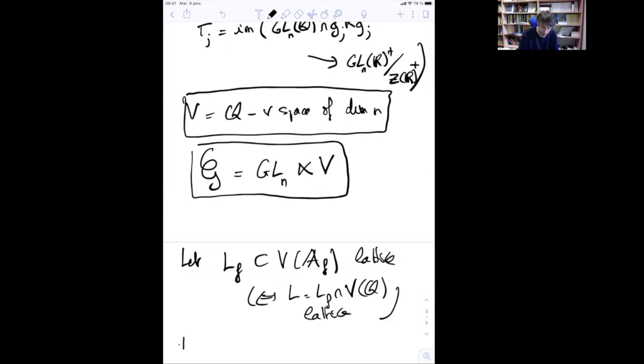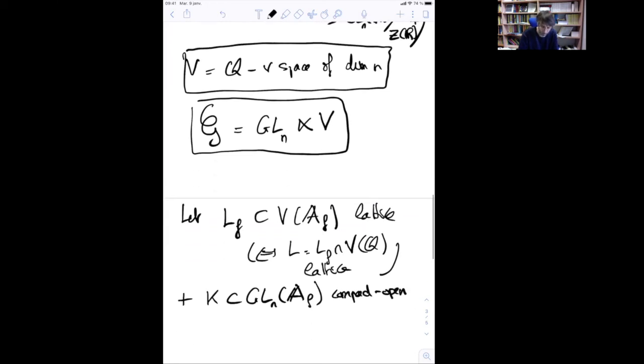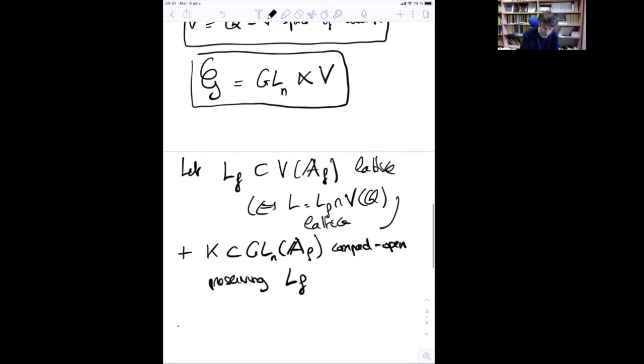And again, K inside GL_n(A_F) compact open, and you ask that it preserve the lattice L_F. Then these two data give you calligraphic K, which is the semi-direct product of these, and this is a compact open subgroup in G(A_F).